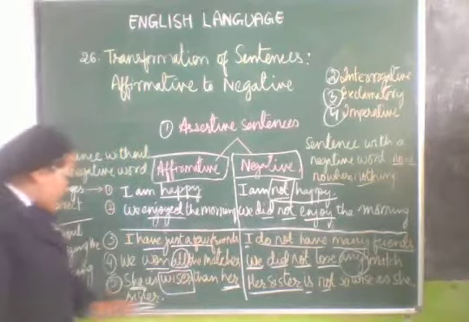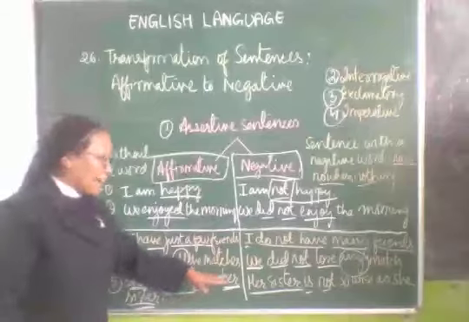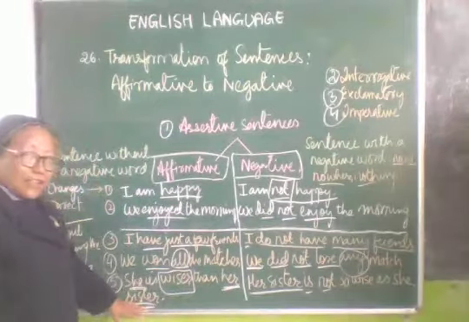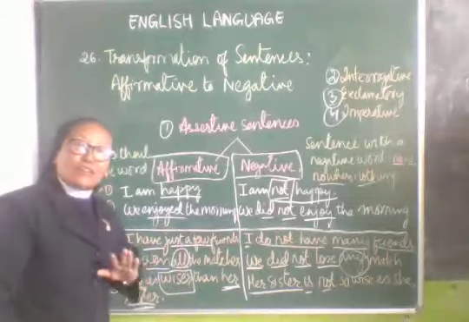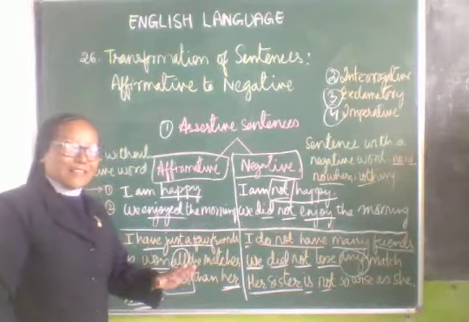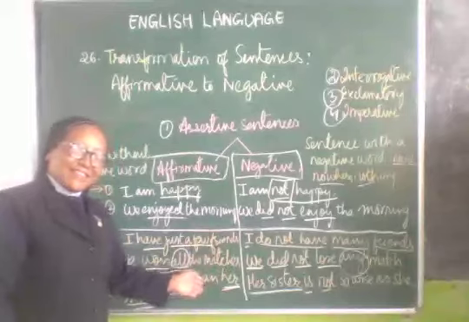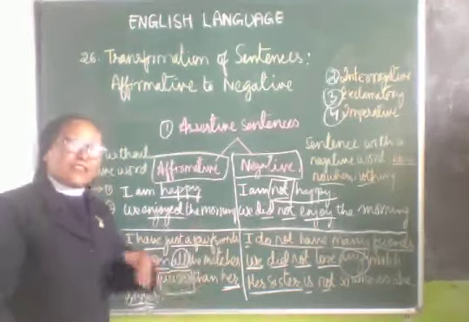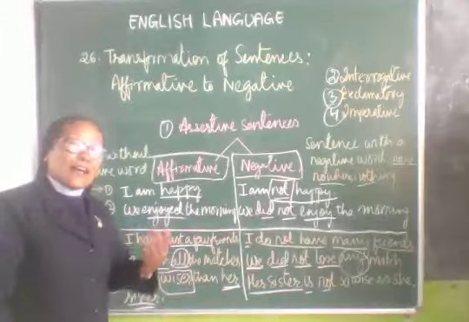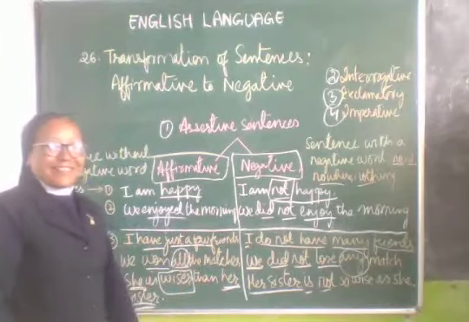All right, she is wiser than her sister. Now in the negative, her sister is not so wise as she. Okay, or her sister is not as wise as she herself.